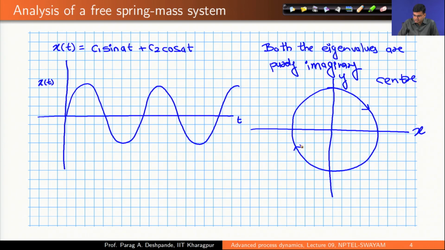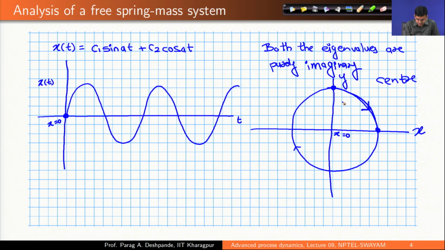right. So, imagine that I start from this value here at which x is equal to 0, and this corresponds to this, x is equal to 0. Now, my value of x is increasing and it reaches a maxima, right, with time.